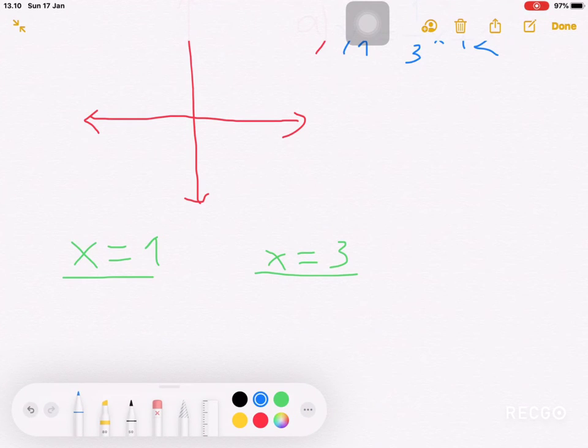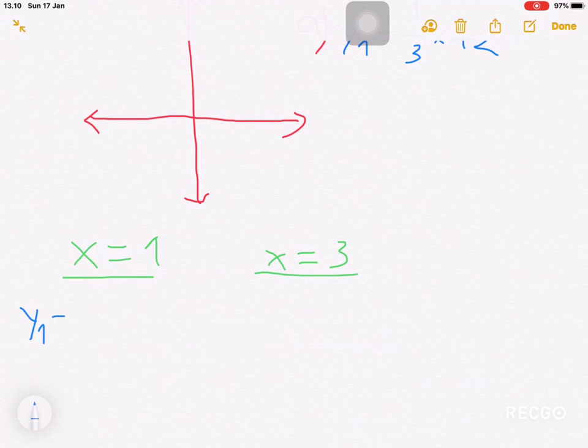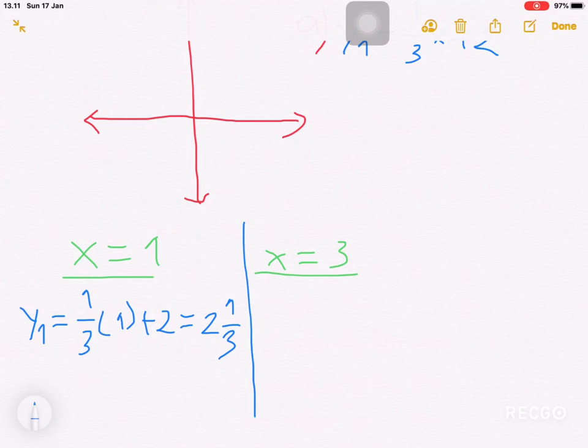So for x equals 1, our y1 value will be 1/3 plus 2, since x equals 1 right there. And this will give us the coordinates (1, 2 1/3). And for x equals 3, our y1 value will be 1/3 times 3 plus 2.